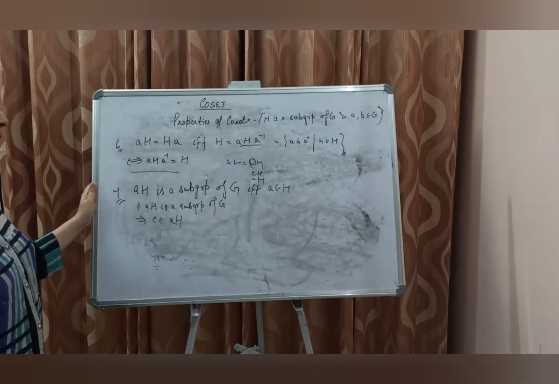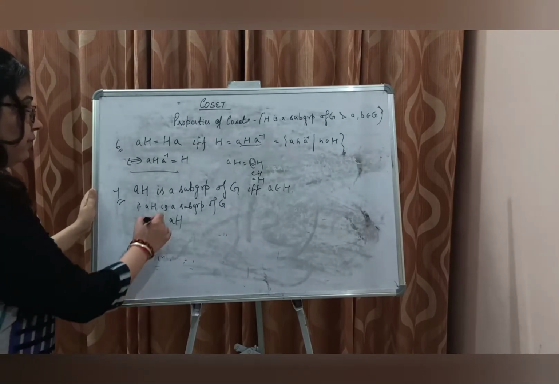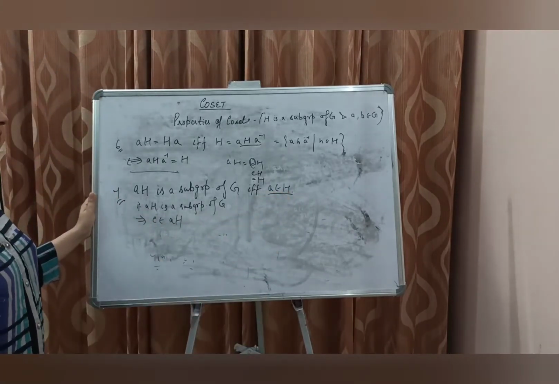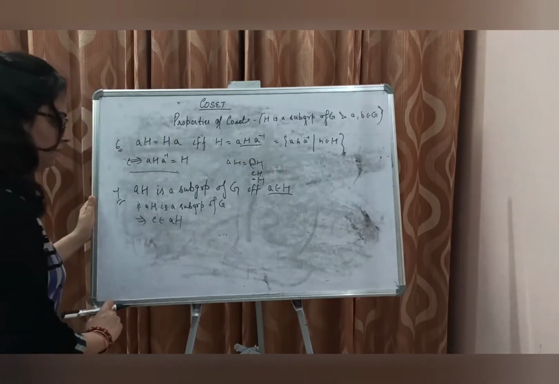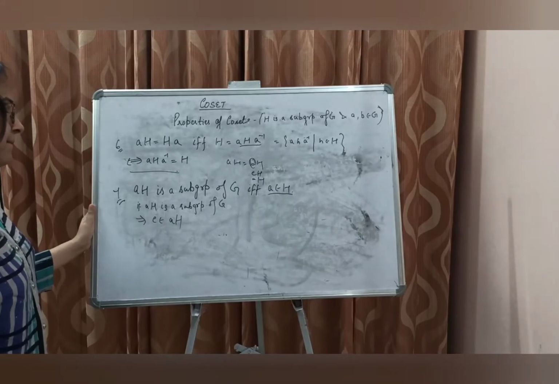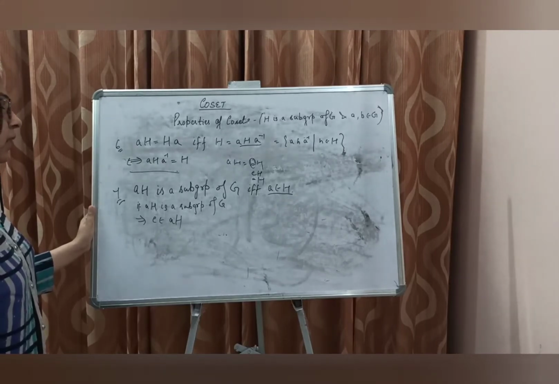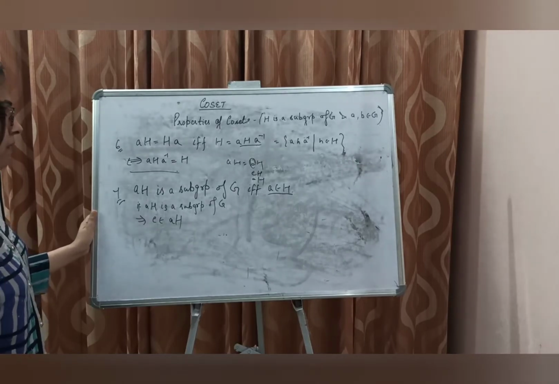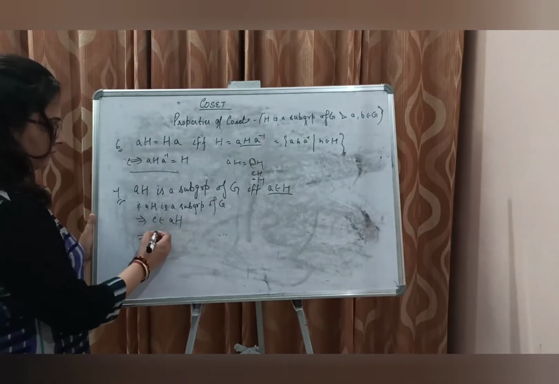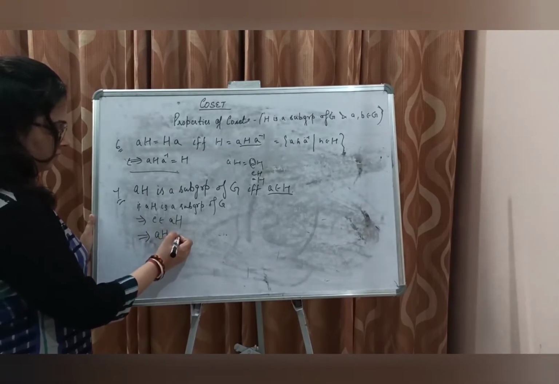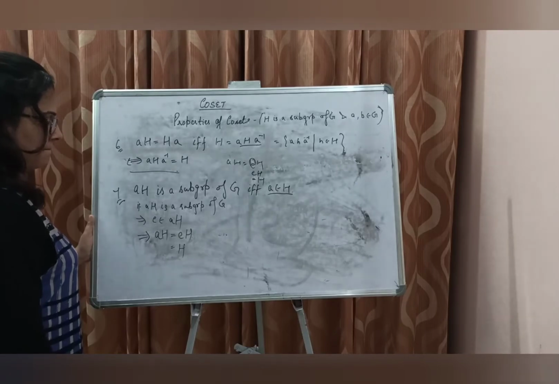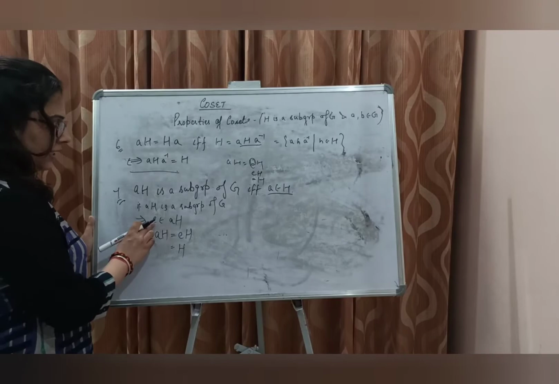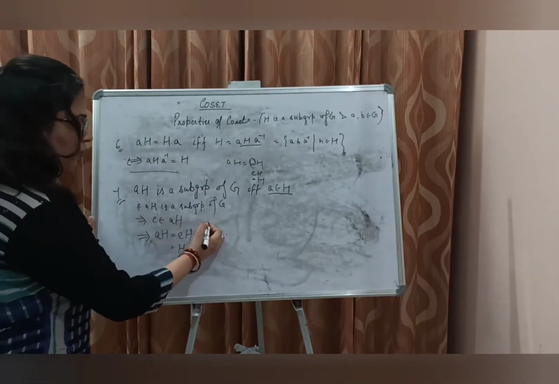So if AH is a subgroup of G, we need to prove that A belongs to capital H. Right multiply by any element of H. What will be EH?